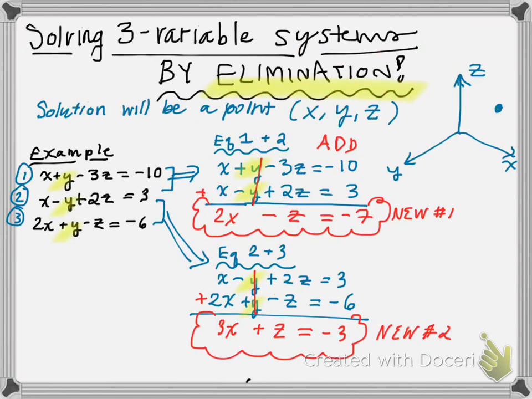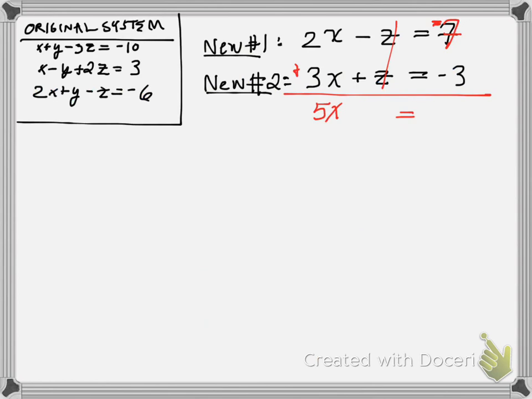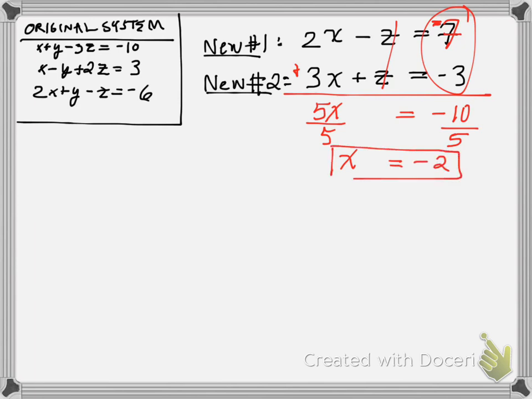So to confirm, we go back to the previous page, we had a negative 7 in that spot. I just didn't write the negative. So now when we add here, we get negative 10. Okay. So dividing by 5, I get x equals negative 2. So we have the first number in our point.